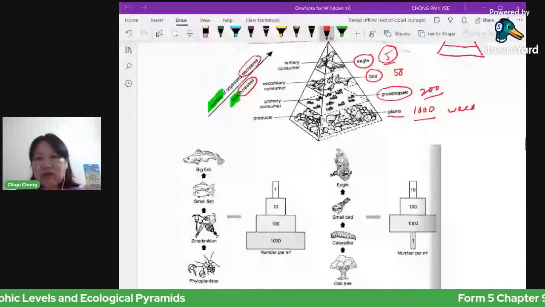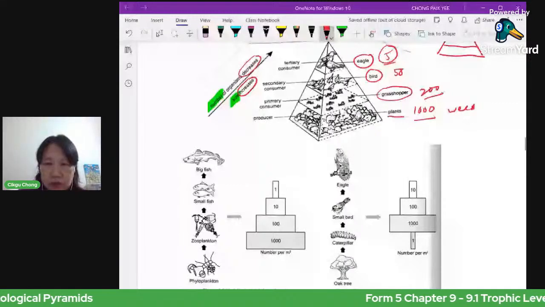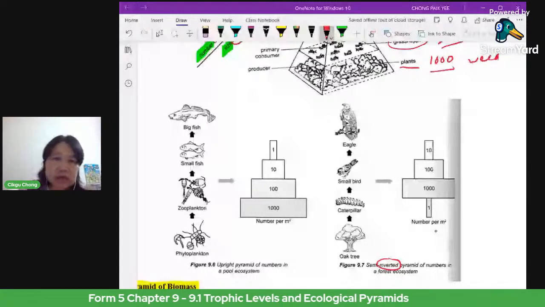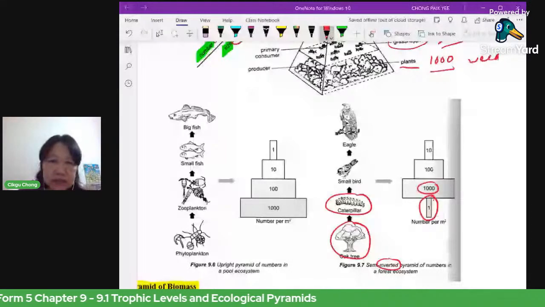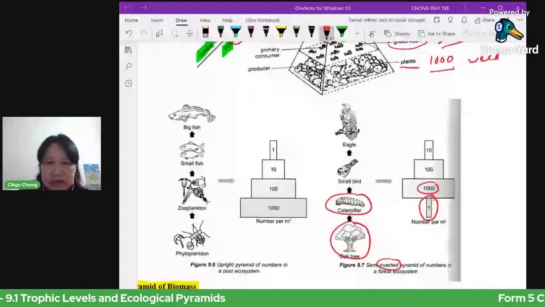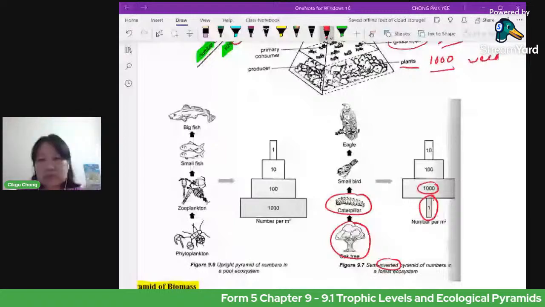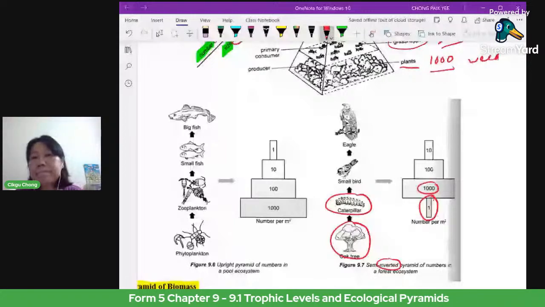You see there's one oak tree here, which is home to, let's say, 1,000 caterpillars. And then 1,000 caterpillars are maybe food enough to support, let's say, 100 birds. And then maybe in that ecosystem you have 10 eagles. So it's also possible, because the numbers are like one big tree.